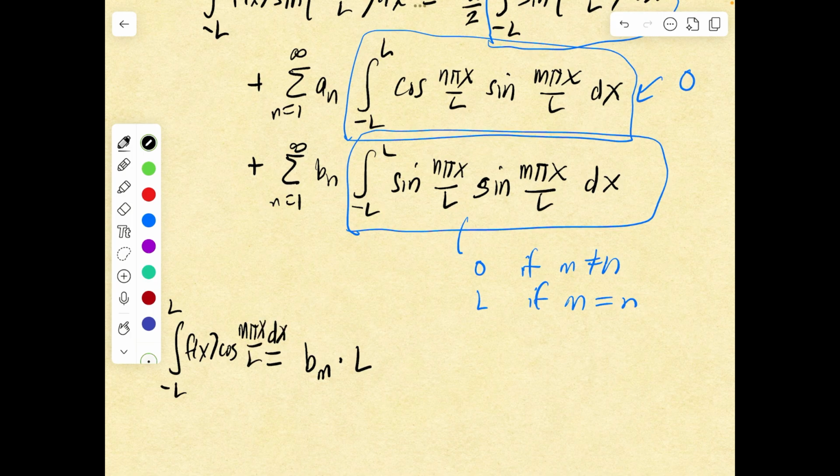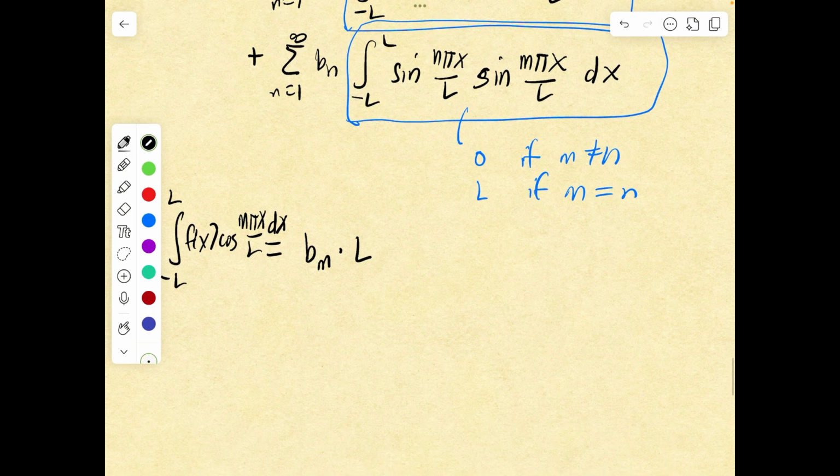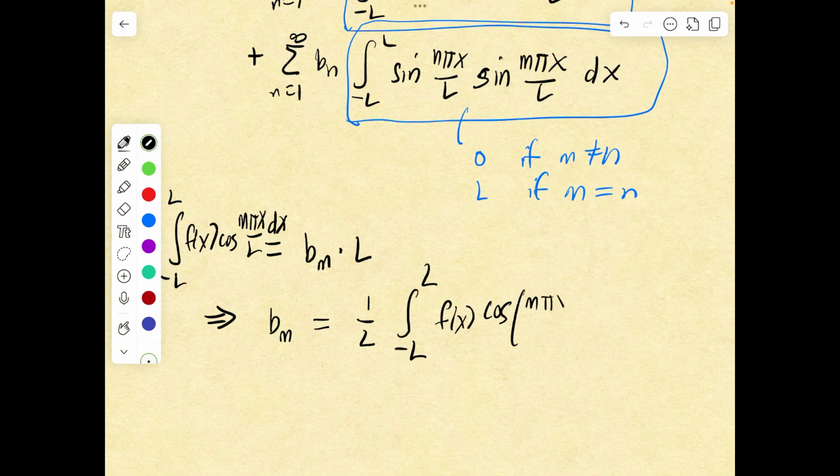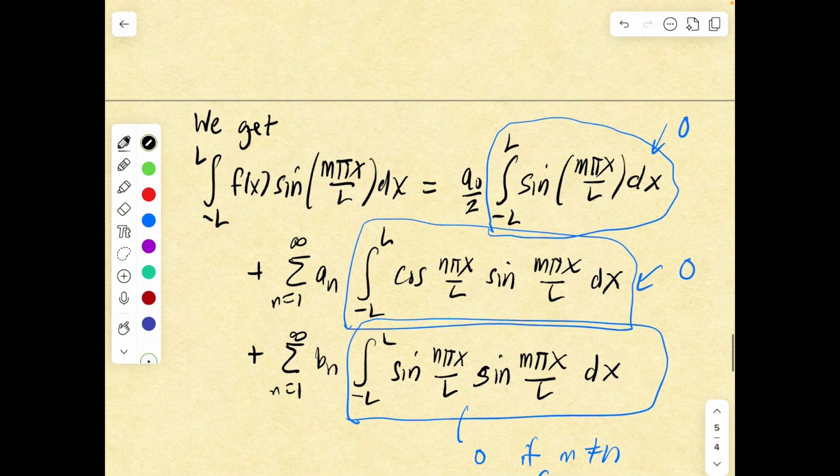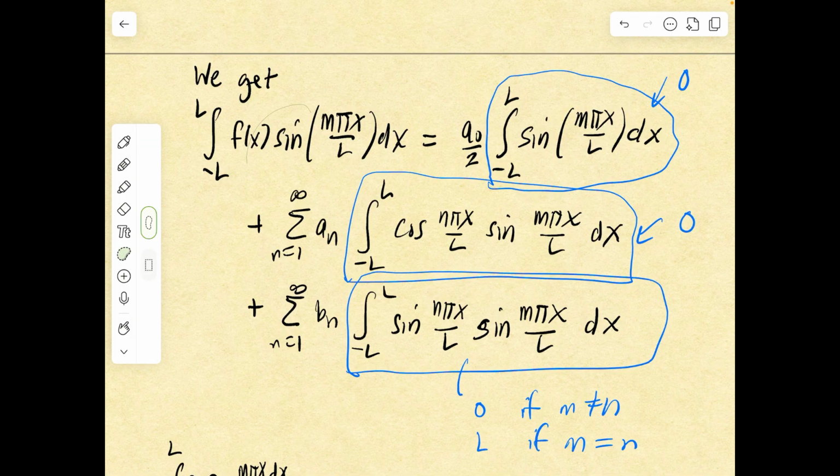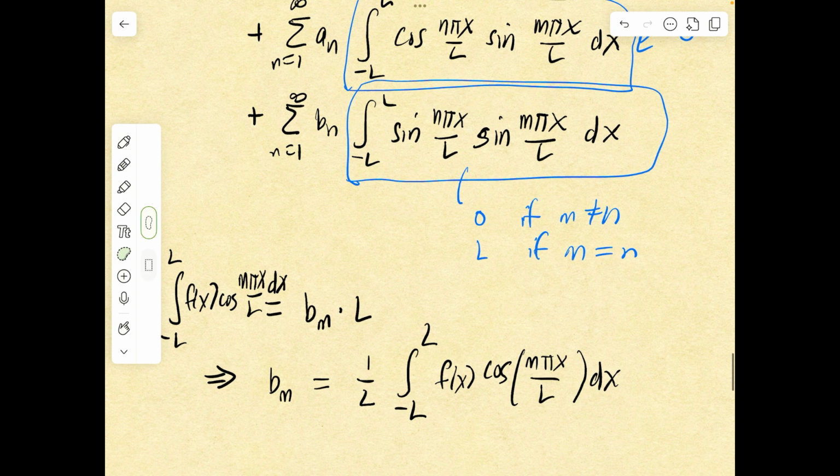And this integral here is going to be 0 if m is not equal to n, and L if m is equal to n. It's kind of almost magical that basically everything cancels. Everything is just 0 except for one term left. And this is just what you get when you take the term n equals m here.